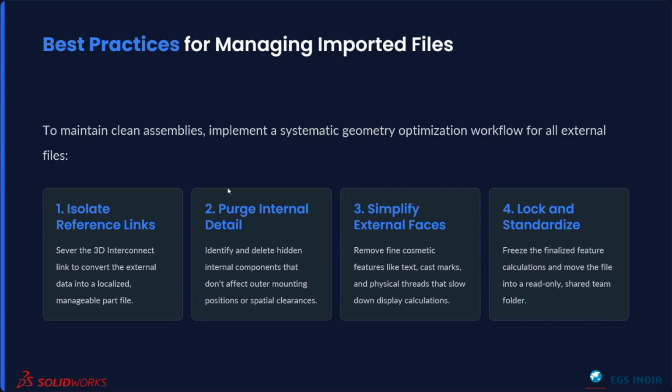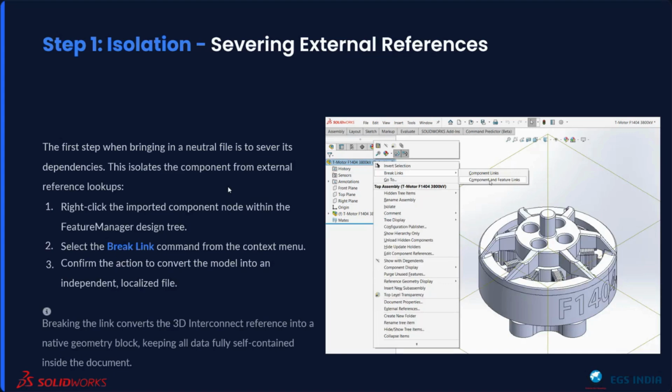The first is going to be isolation. To isolate the components from the reference links, we're going to use a command called break links. You might be able to see it in the image over there. We'll just right click the top level component and use the command break link. By breaking these links, we'll convert the files into SolidWorks native part and assembly files with imported bodies in them.